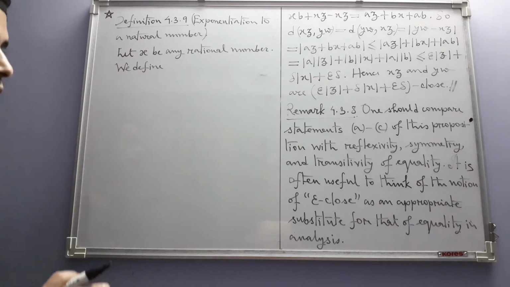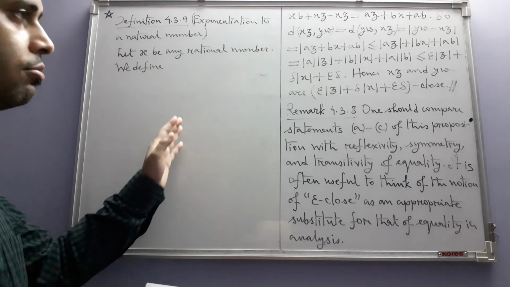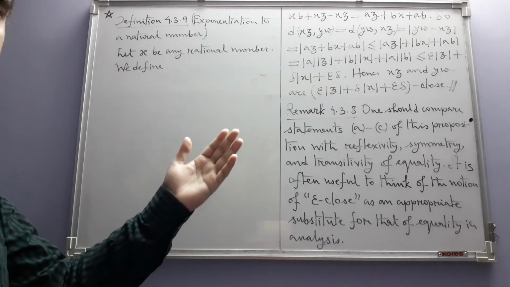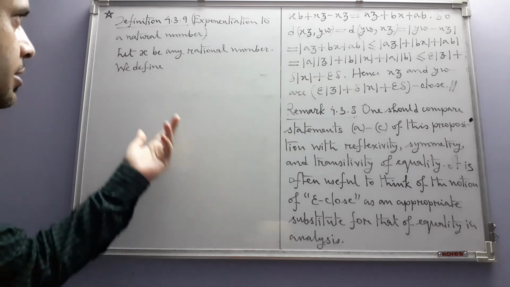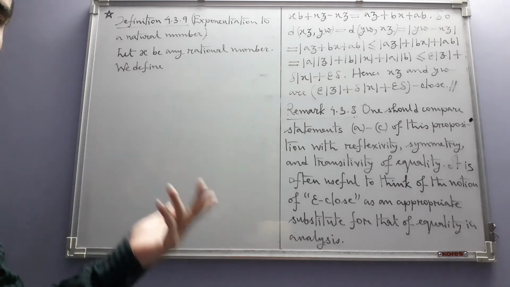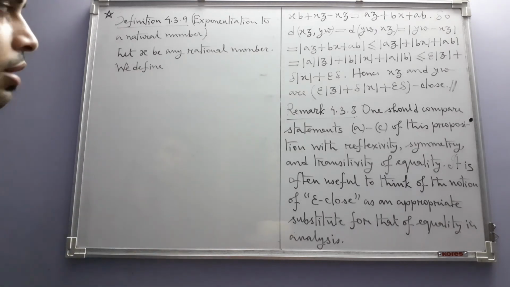This definition is exactly like how we defined exponentiation in the system of natural numbers. The only thing is that now the base is a rational number instead of a natural number.